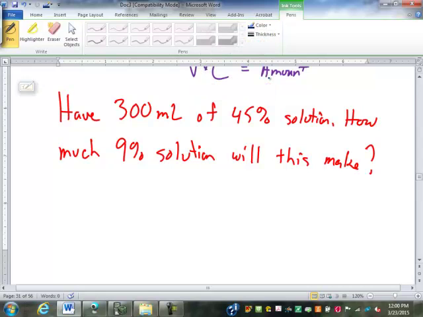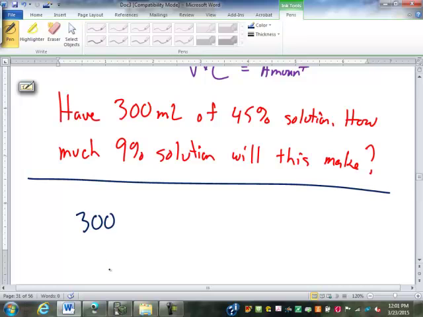Okay, well, we're looking at this. We have our original volume is 300 milliliters. I'm just going to use 300. Our original percent is 45%. Now I could put in 0.45 as a decimal here if I wanted to, but I don't have to since there's a percent on the other side of the equation as well. As long as I write them both as percents, I don't have to worry about changing them to decimals. So I'm going to leave it as just 45 here.